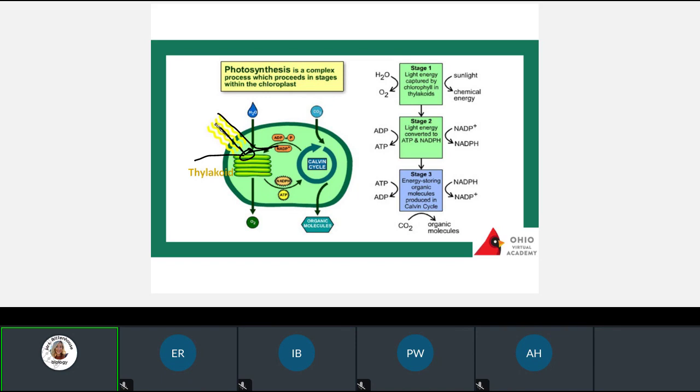And when it slows down that energy, guess what gets lost in that thylakoid? What might be lost from that ray? Yes, energy. That's how we capture the energy.